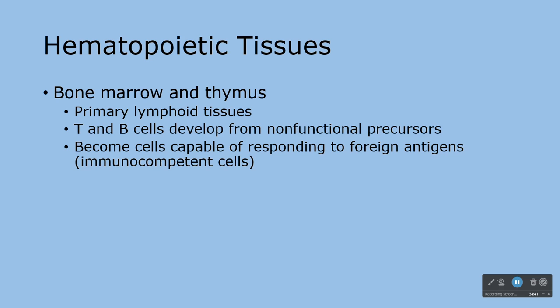Even though these are blasts, if we do flow cytometry, we can tell if they're EO, baso, or neutrophil, or if they're T or B. Even though we might not be able to look at them and tell, chemically or immunoassay-wise, we could.